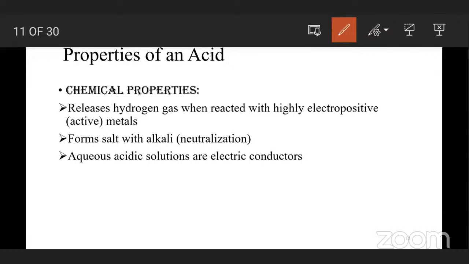The aqueous solution of an acid is a very good electric conductor, and that is because there are mobile ions when a protonated acid dissolves in water. There is a presence of mobile ions, and that is how it is easy for them to conduct electricity.